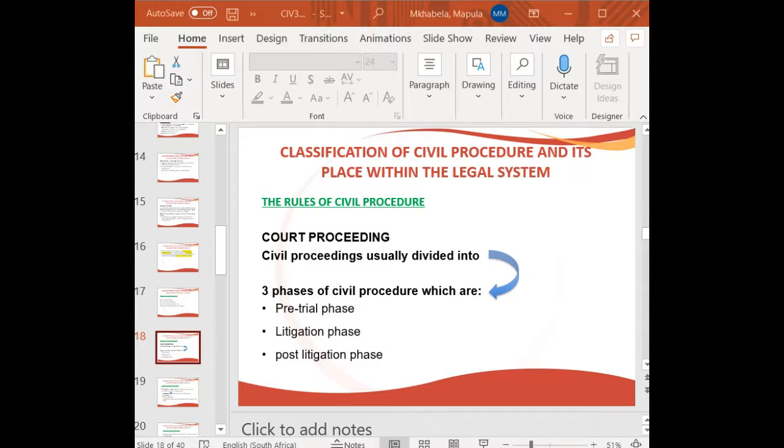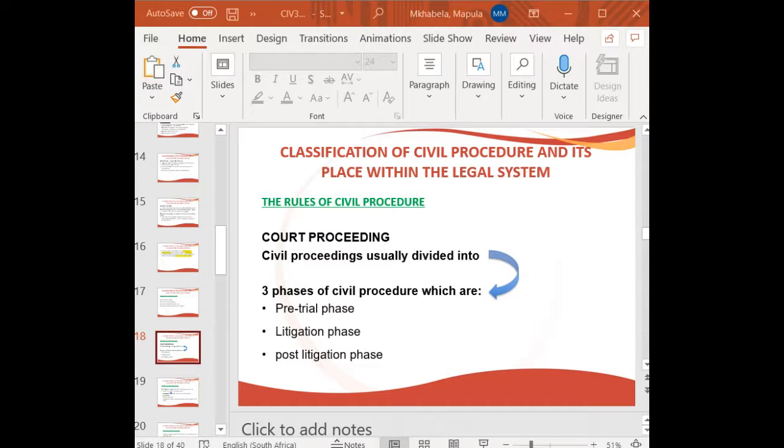So your lawyer will draft a letter of demand on behalf of a client once all those 3 steps are dealt with. Thereafter, a claim will be instituted and exchange of documents in support of a claim between parties or lawyers.